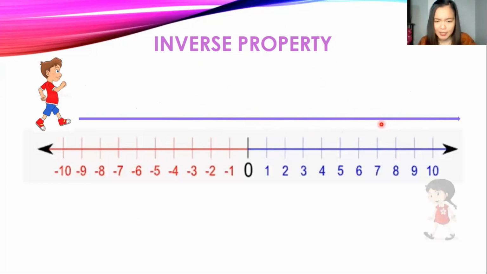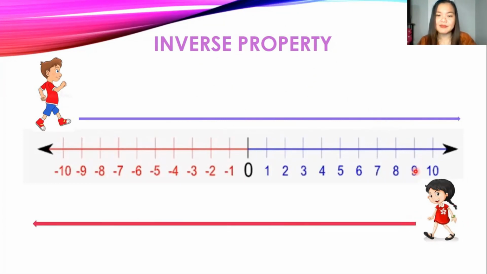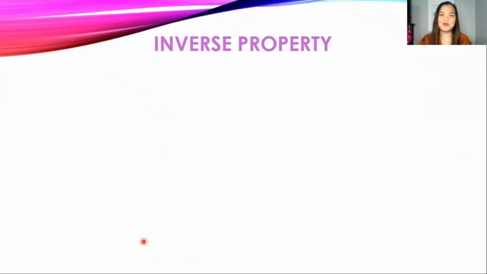And on the other hand, a girl starting from positive 9 is also going through this direction, paleft. So, inverse. You can see in this picture the meaning of inverse already. Kasi they have opposite direction, they have opposite gender, and opposite all in all. So, in other words, when you say inverse, it's the opposite. Okay.